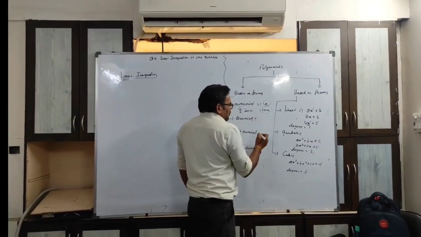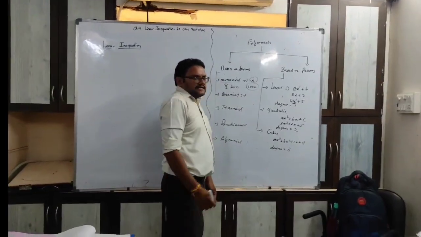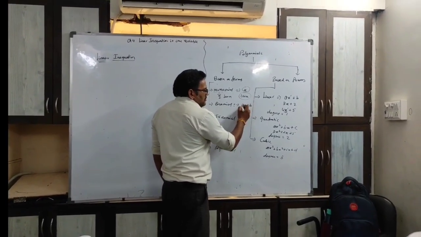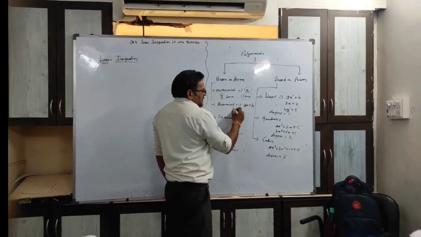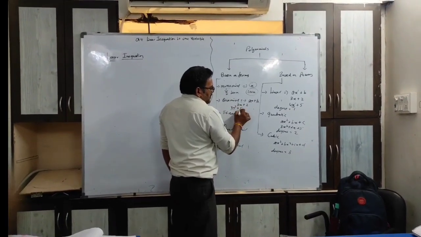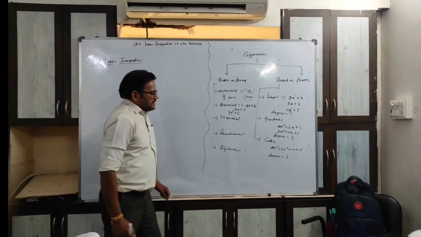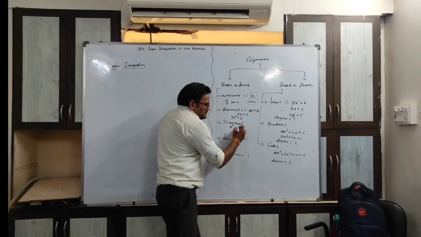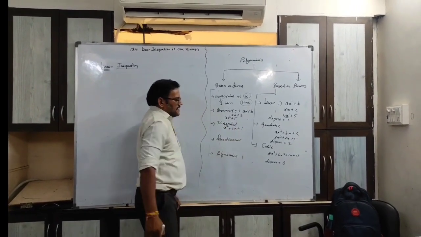Next we have binomial. When we say binomial, the expression will be written as, for example, ax plus b. We have two terms like this, like 3x plus 2 or 3x square plus 5, a two term expression. Next, trinomial, we will have a three term expression.